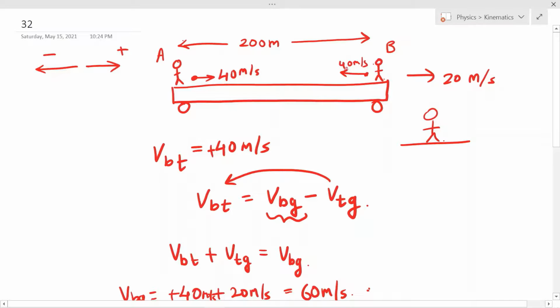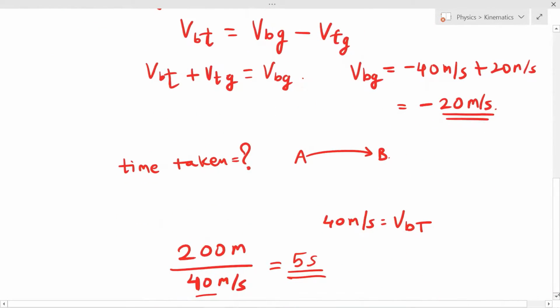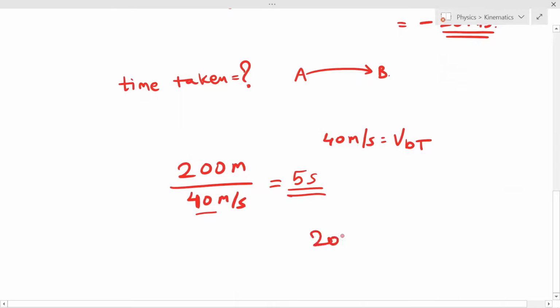Why? Because this velocity is with respect to the trolley itself. So this will be again 200 meter divided by 40 meter per second. So this becomes 5 seconds again. So to go back from B to A, it has used 5 seconds time.